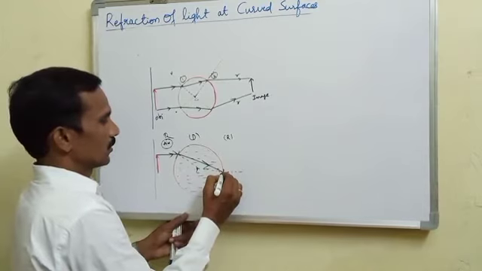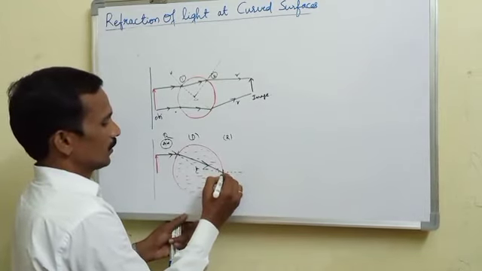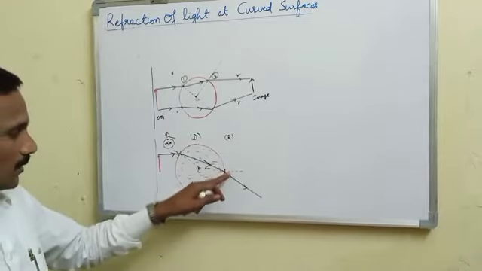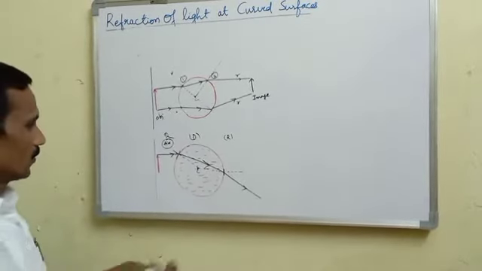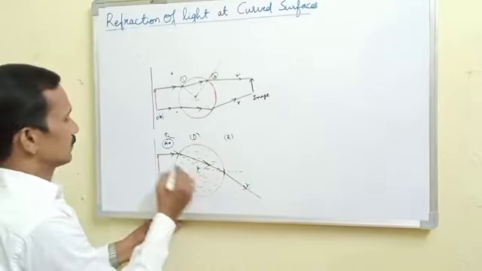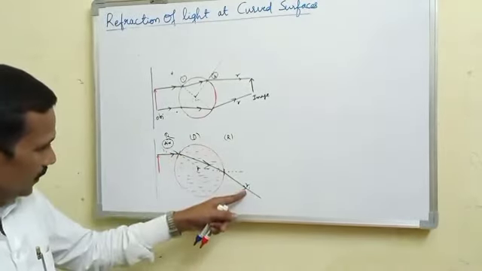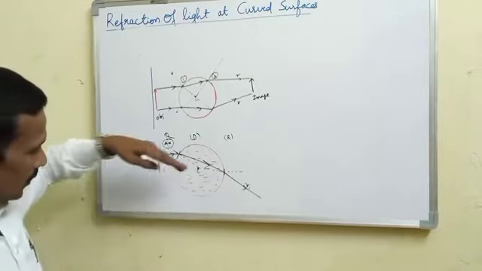It moves away from the normal like this. This is the normal. It moves away from the normal. So it is the refracted ray 1. It is incident ray 1. So this is the refracted ray of this incident ray. It is coming downside.